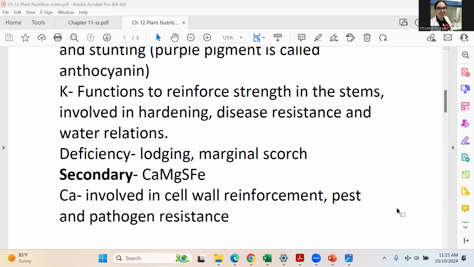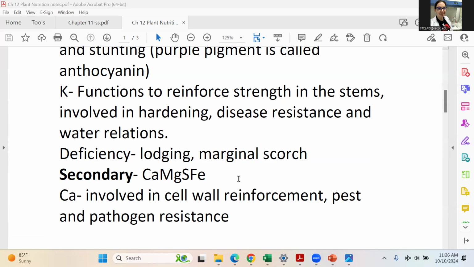If we have a lack of potassium, it can also affect the uptake of other nutrients since it's involved in water relations. A deficiency of potassium will exhibit lodging and marginal scorch, which is a burning around the edge of the leaves.